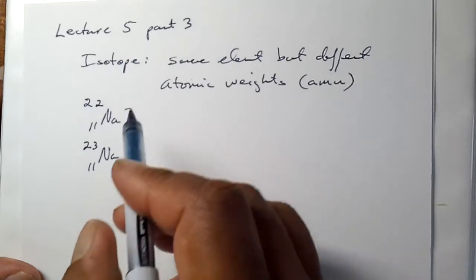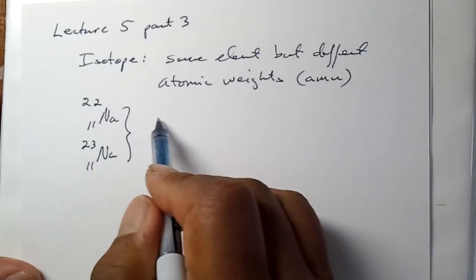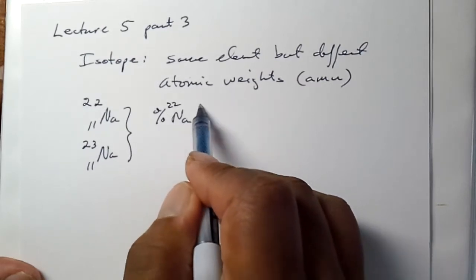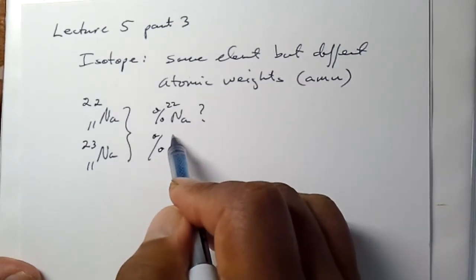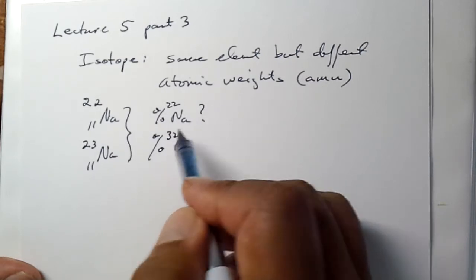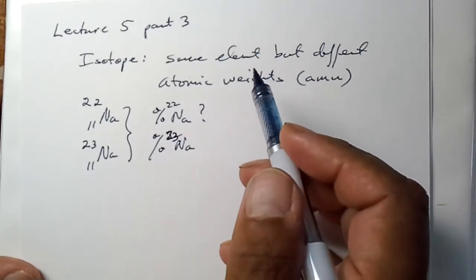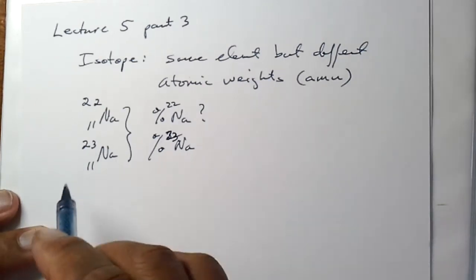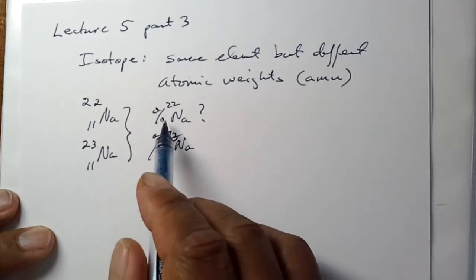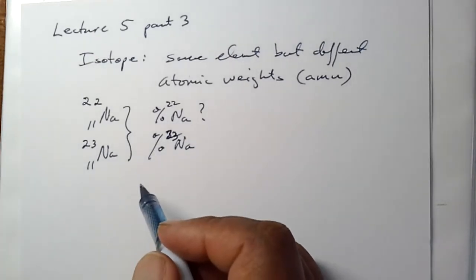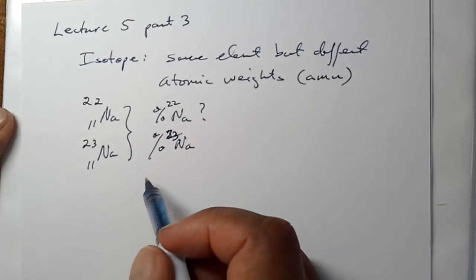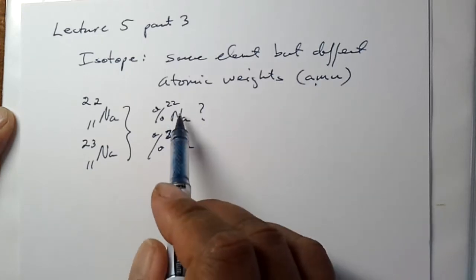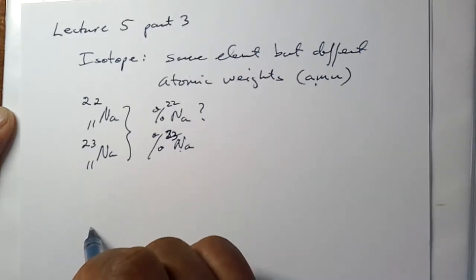One would want to know, under certain circumstances, what is the percentage of sodium 22 and what's the percentage of sodium 23. The examples we talked about before, you were given the percentages and asked to calculate what the atomic mass of each of these isotopes would be.